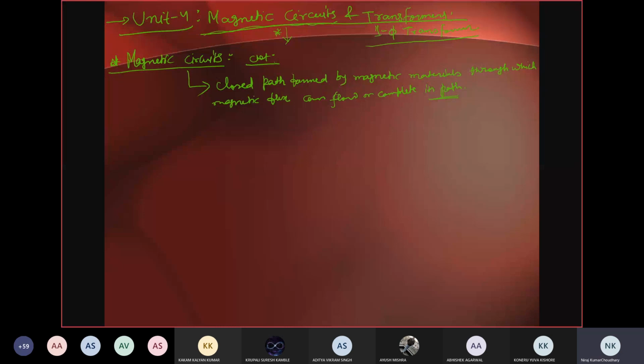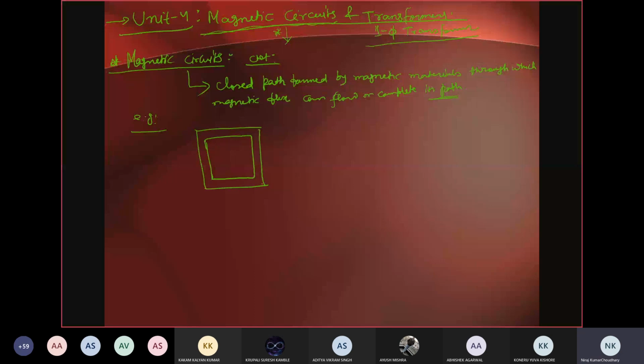So you can take one example of a simple magnetic circuit, like suppose this is a rectangular magnetic circuit formed by some magnetic material.